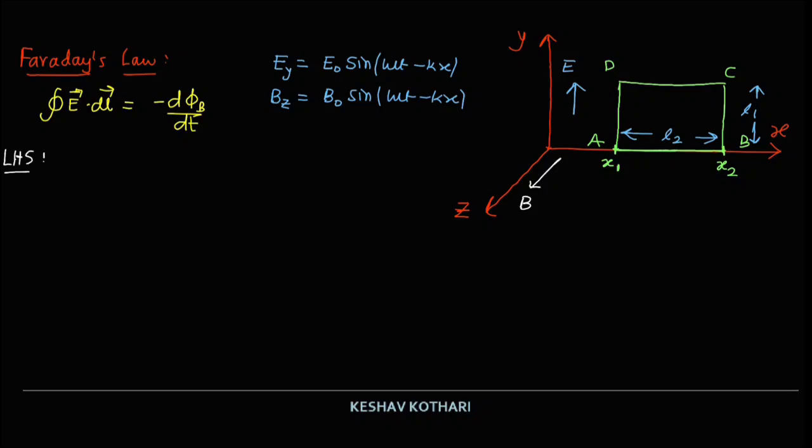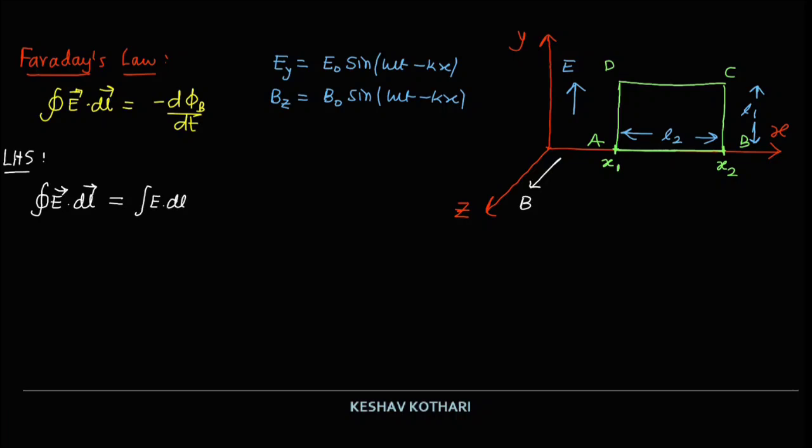If we apply the LHS for this ABCD loop, that is the line integral of E dot dl, I can break this into different length segments like this.